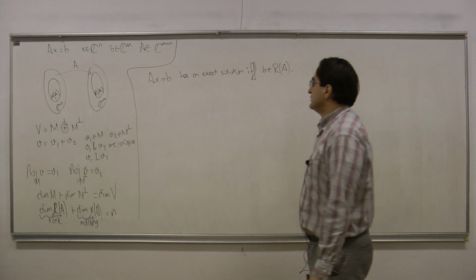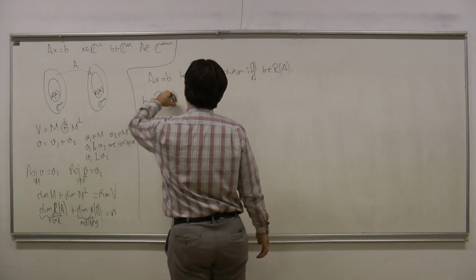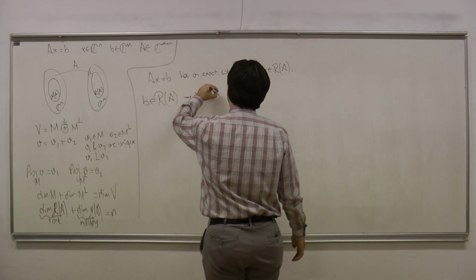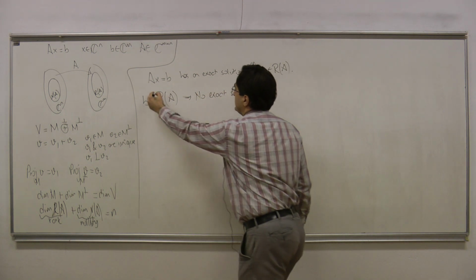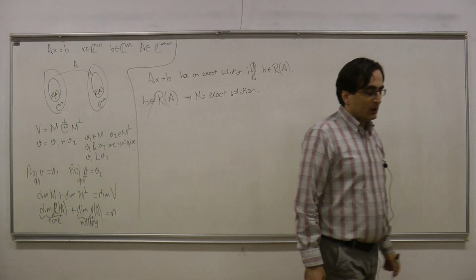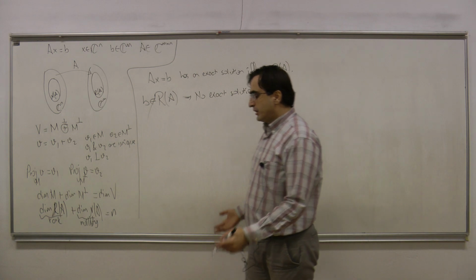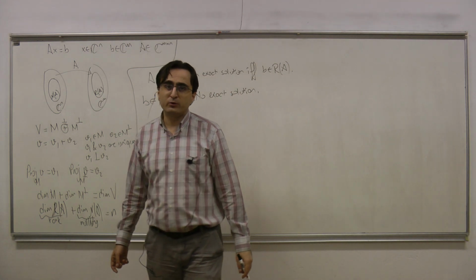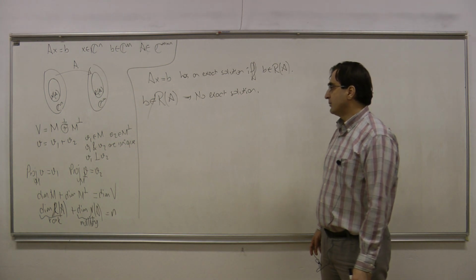If B is not in the range space of A, then there is no exact solution. In that case, as I told you, we really do not want to give up. We would still want to find an approximate solution in some sense.